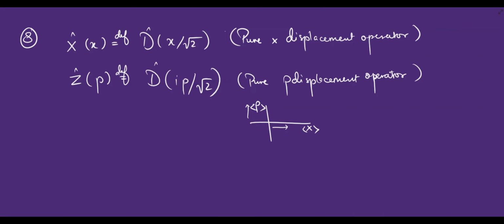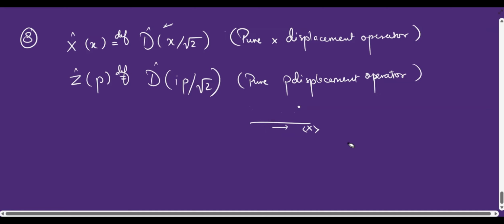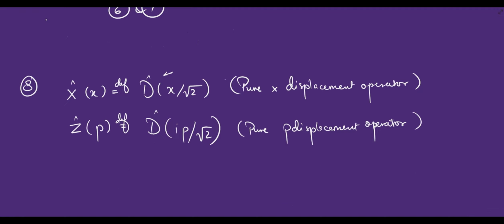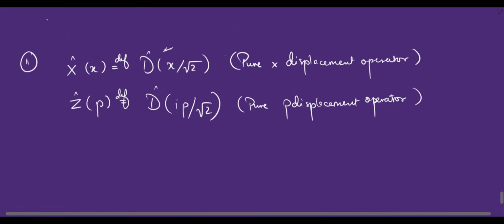This is also the reason why this operator is called the displacement operator, because it displaces a state from one position to another position. I'll come to it, don't worry about it, when I talk more about the phase space in continuous variable quantum computing. And this was property 11.